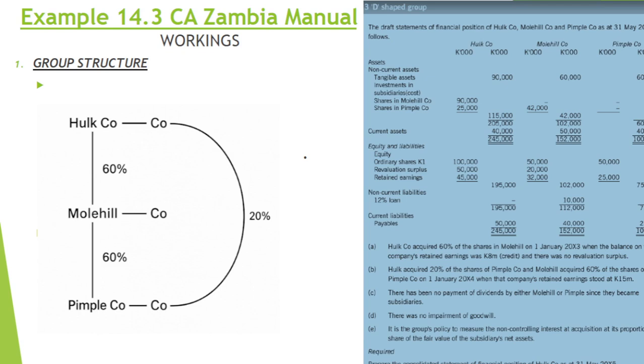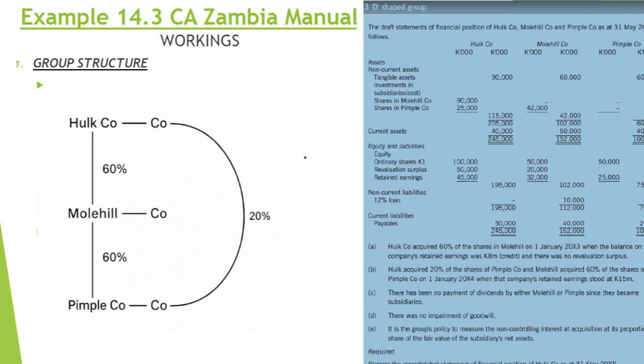When you look at this, there's an indirect control here, because when Hook acquired shares in Mohill company, Mohill company also acquired some shares in Pimpo company. That means Hook company has 60% of the 60% acquired in Pimpo company by Mohill.